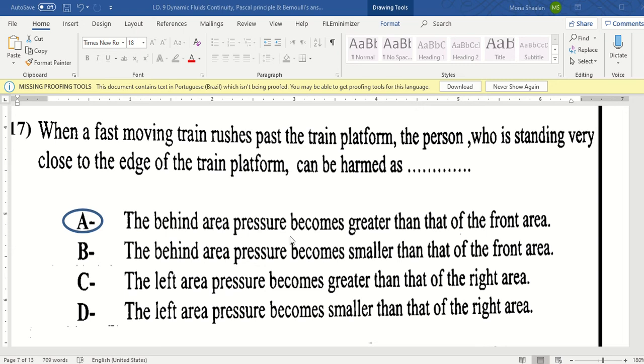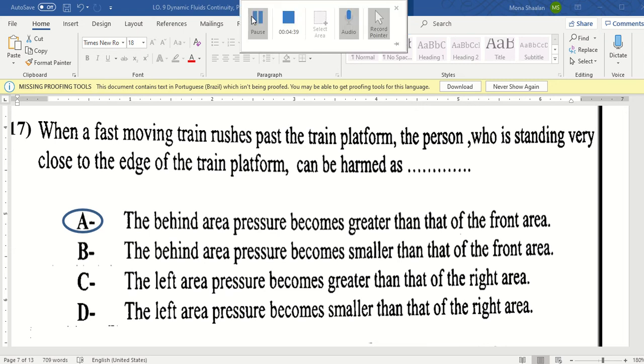So the behind area pressure will become greater than that of the front area, and this would cause the man standing close to the edge of the train to be pushed and fall off and be harmed, due to the variation of pressures caused by changes in velocity.